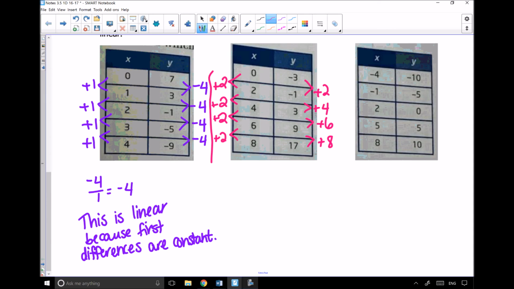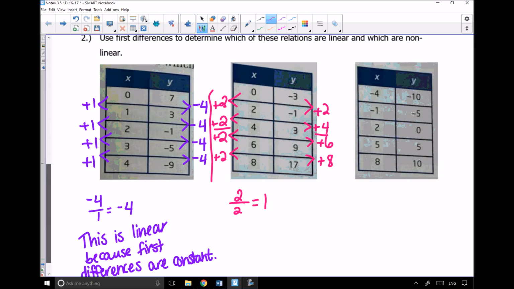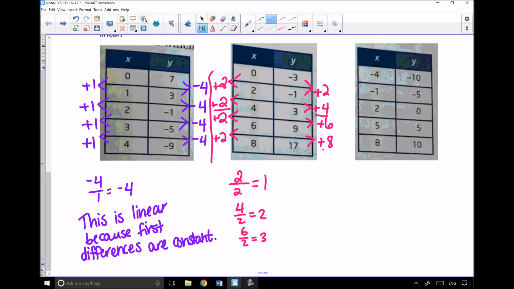So here, when I do 2 over 2, I get 1. Here, I've got 4 divided by 2, which gives me 2. These are not the same, right? We don't get the same answer here. Here, I'm going to do 6 divided by 2, which gives me 3. And lastly, over here, I'm going to do 8 divided by 2, which gives me 4.